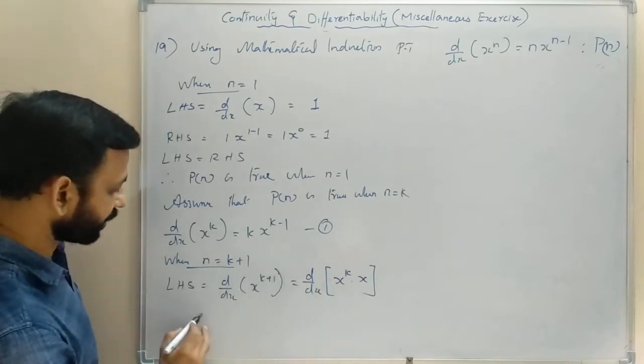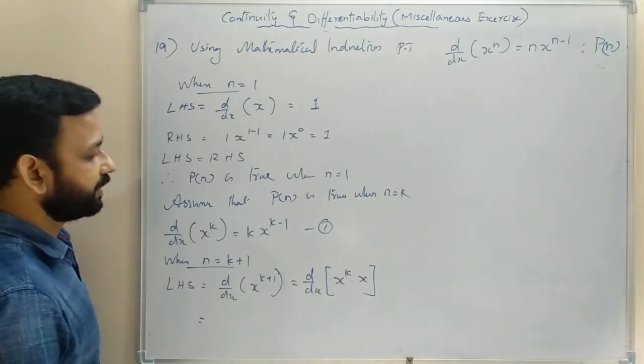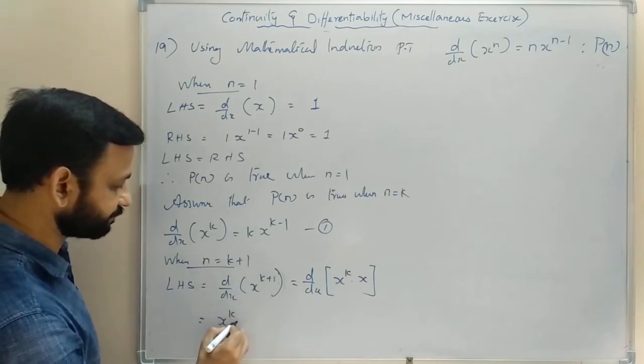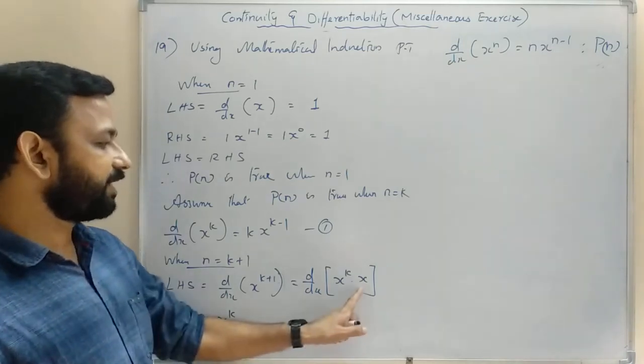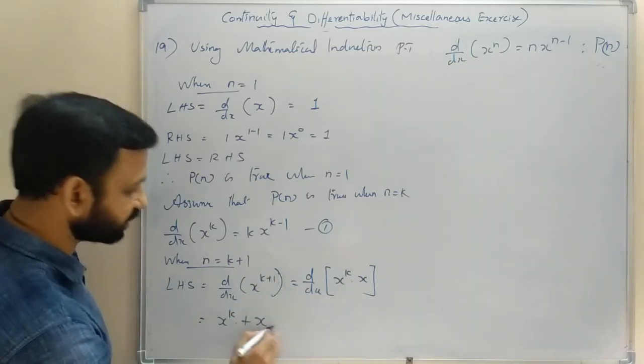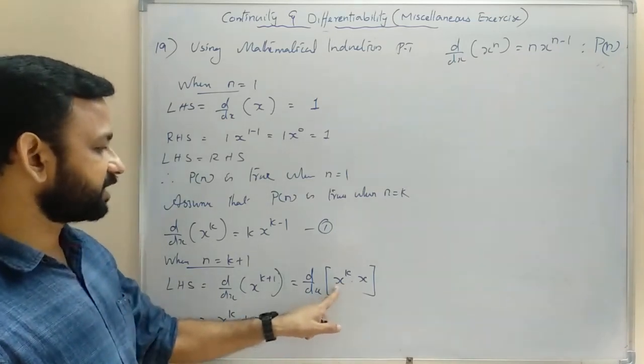Now we can apply the product rule. D by dx of x raised to k into x is first function x raised to k into derivative of x with respect to x, that is 1, plus x into d by dx of x raised to k.